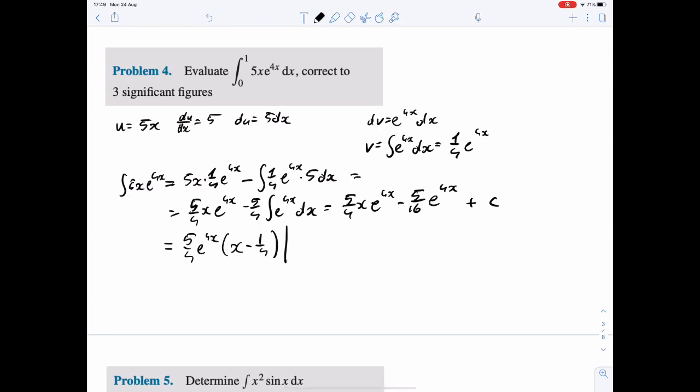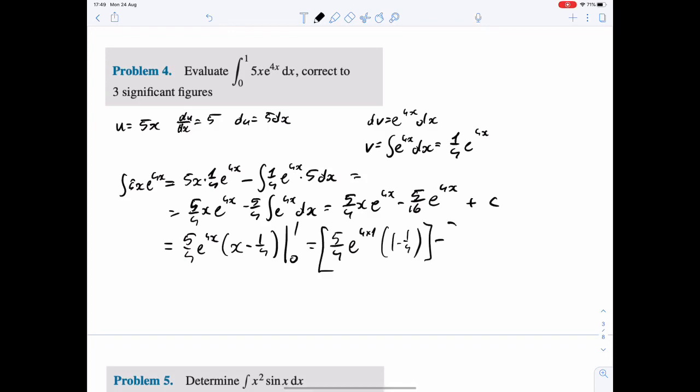And I have to evaluate this between 0 and 1. So this expression turns into, for the upper limit of 1, 5 over 4 e to the power of 4 times 1 and the bracket 1 minus a quarter. So that's the first part of the definite integral.